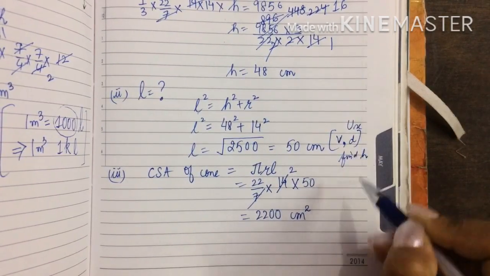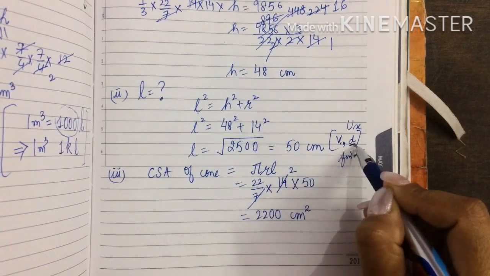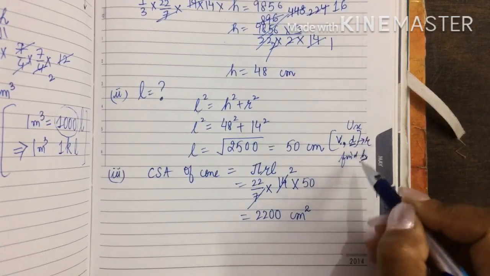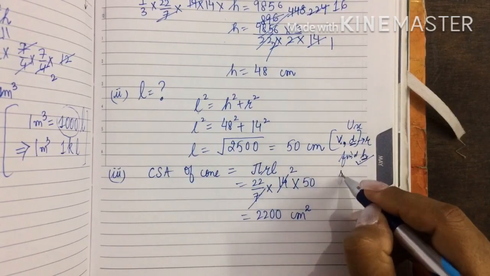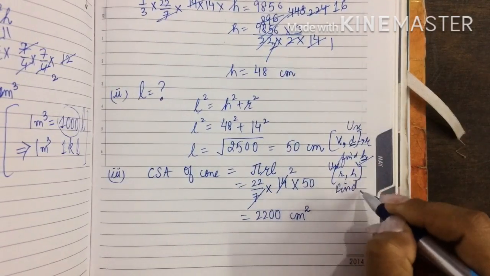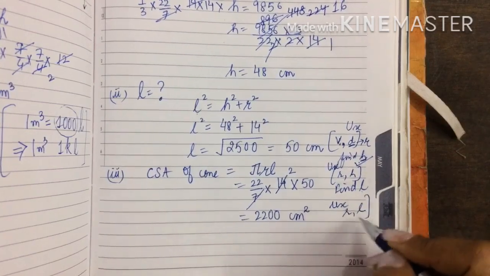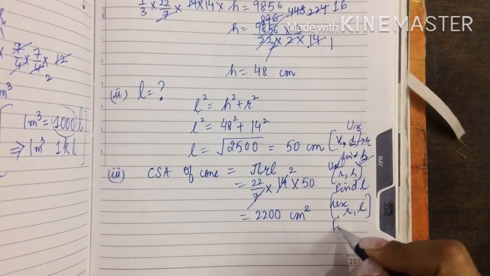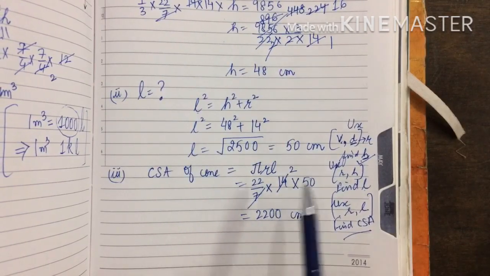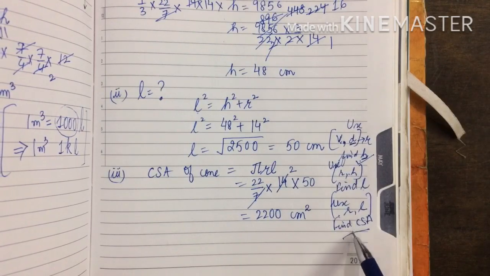Find h, because volume uses r and h. So r is given. Use r to find h. Once you have r and h, then you can use r and h to find L, and then use r and L to find curved surface area. So in case the first and second parts are not given, you have to remember this for yourself.